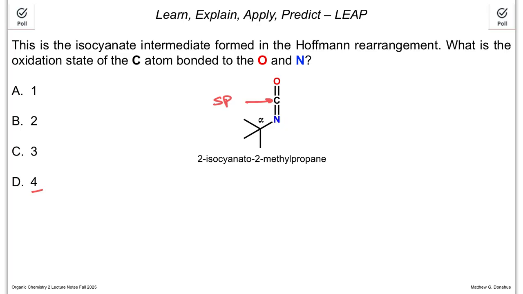So 4 is the highest you can get, right? And we really haven't seen that too much. So these cumulated dienes can achieve that oxidation state. So that looks like CO2. Carbon dioxide, that's also sp hybridized with oxidation state 4.